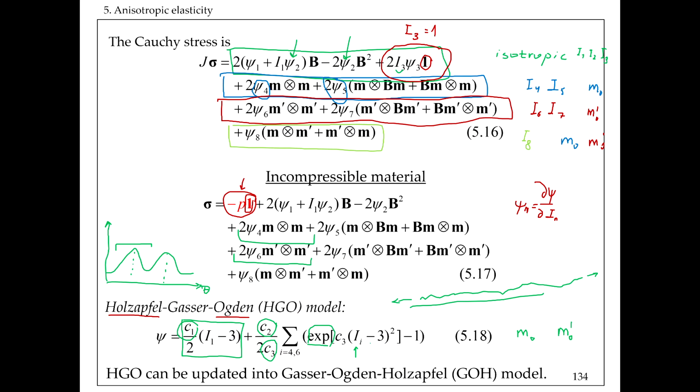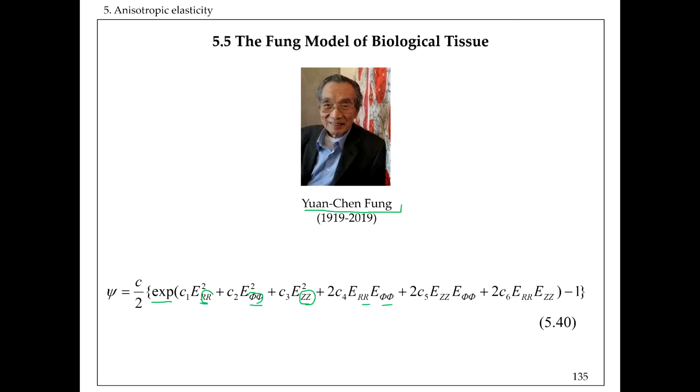So there we do have these invariants that come from the structure tensor, as opposed to that, the Fung model specification doesn't have this microstructural information, and basically only has these constants that are fitted entirely based on some experimental data.